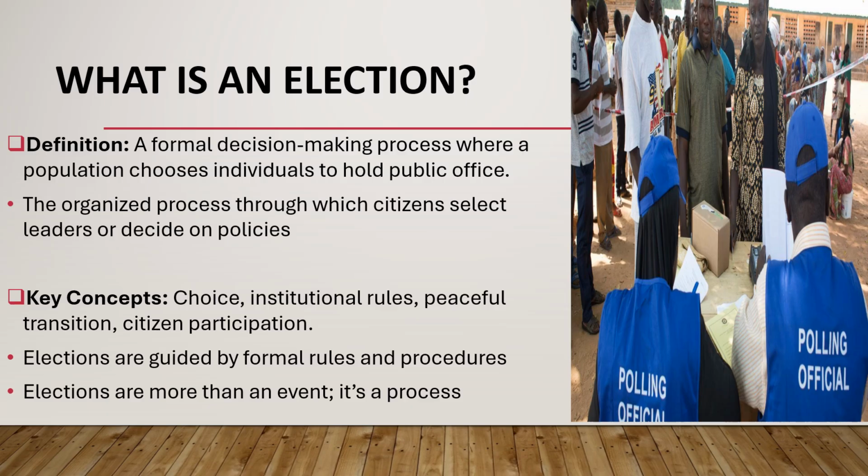This shows that the outcome of this particular process shows that the procedures are guided by rules, and not by emotions or by any whims or caprice of anybody. That talks about institutional rule.